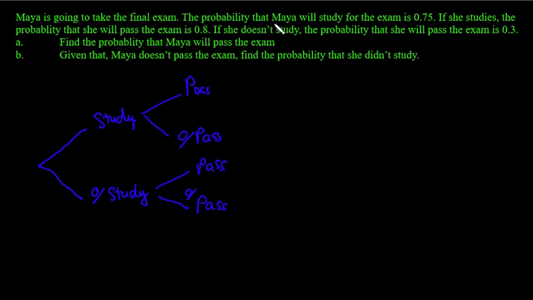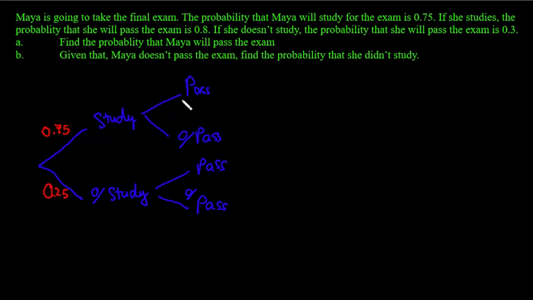From the information, the probability that Maya will study for the exam is 0.75, and because these two add up to 1, the probability that she will not study is 0.25.